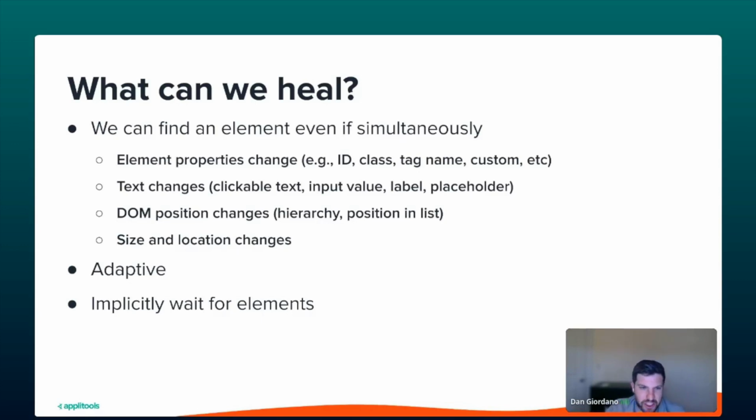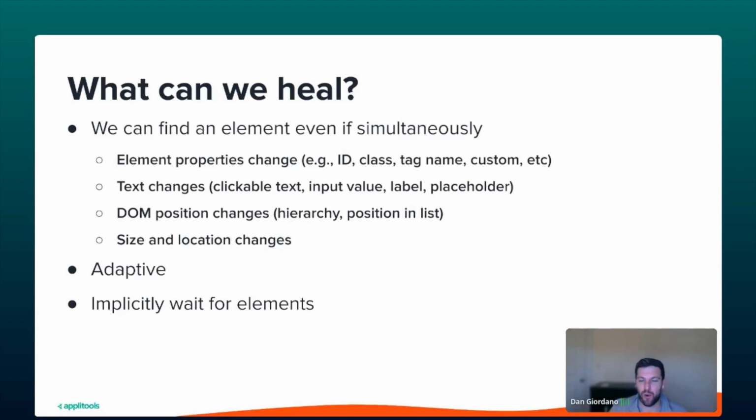If the DOM position changes, so if it changes in the hierarchy and the order, if someone is using an XPath that has ordering and that changes, nothing may change to the end user. So there, we'll still pass that. And also size and locations. Again, if we want to assert based on that, we will drop an Eyes checkpoint.